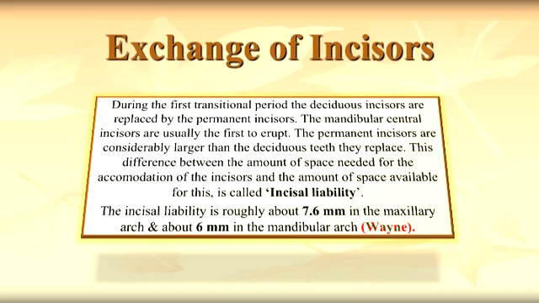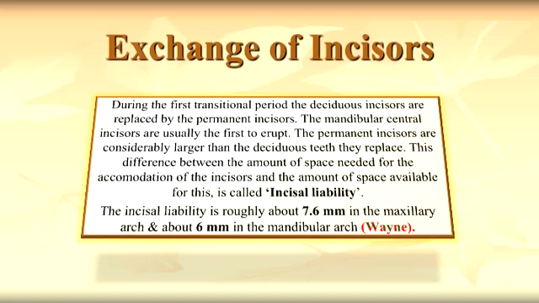During the first transitional period, the deciduous incisors are replaced by permanent incisors. The mandibular central incisors are usually the first to erupt. The permanent incisors are considerably larger than the deciduous teeth they replace.